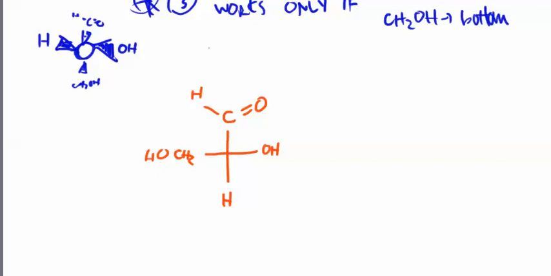Your shortcut will not work with this example. The reason is that the aldehyde is up at the top, but your CH2OH group is not down below. That's a problem. It doesn't meet the template. So I can't shortcut this method, and I can't say, oh, the OH group is on the right here, so this is the R form.